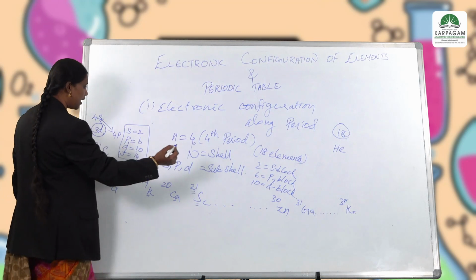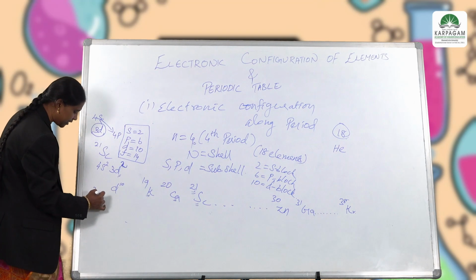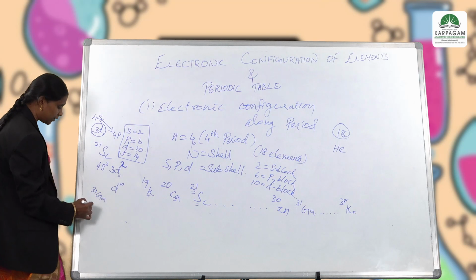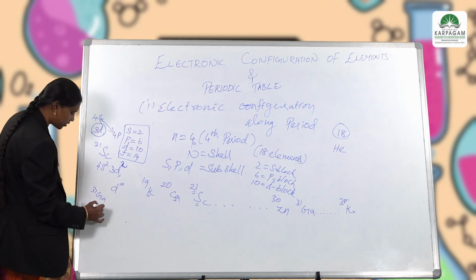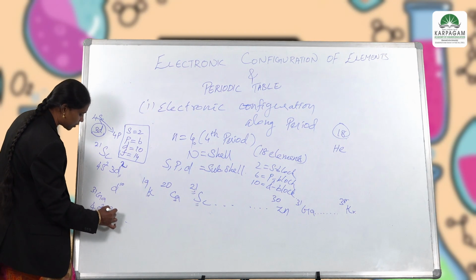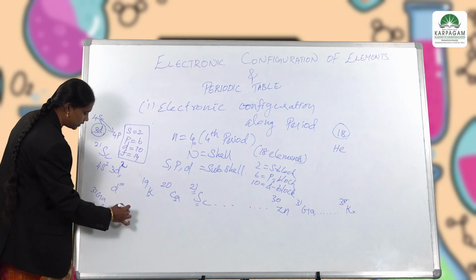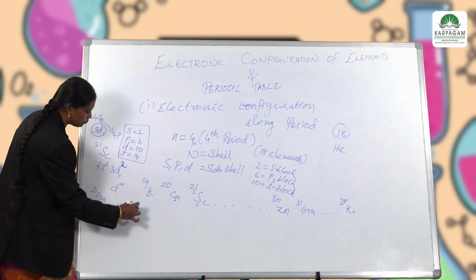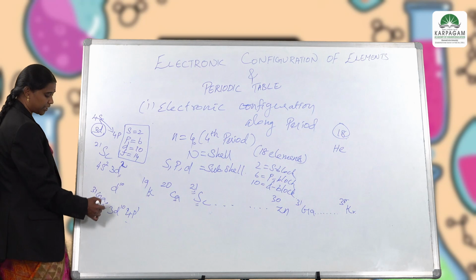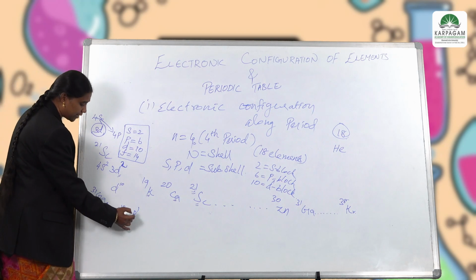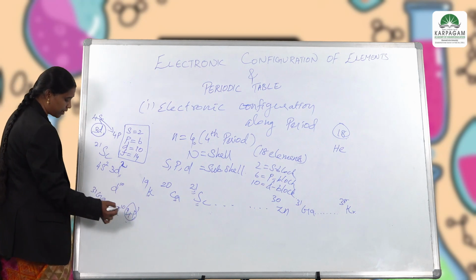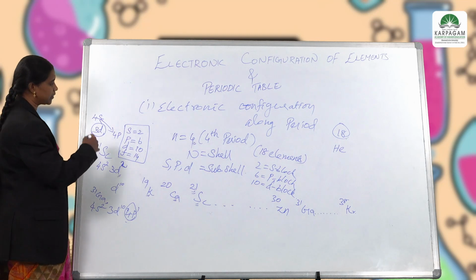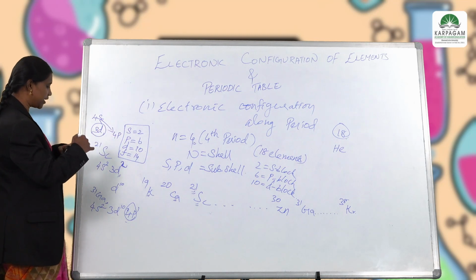Then gallium comes here. For gallium the electronic configuration is 4s2, 3d10 and 4p1. This is the configuration of gallium, and here the 4p orbital enters the electronic configuration.